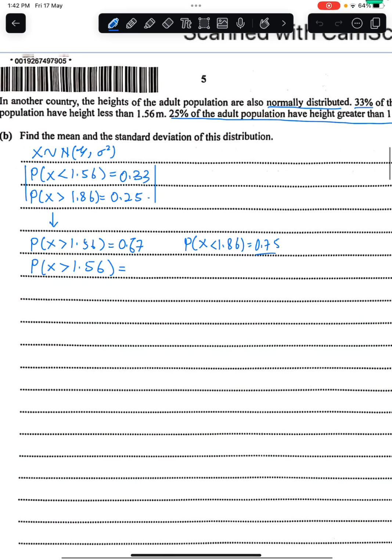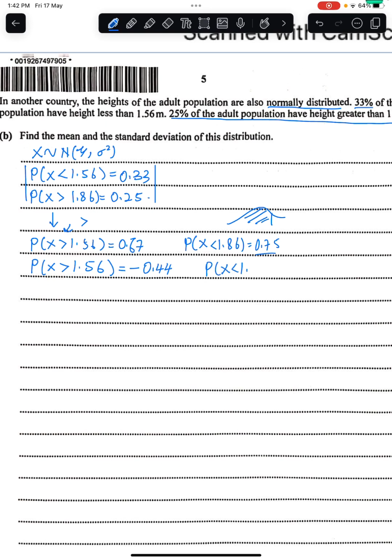Okay. Notice I write the negative here. It's because the sign here is more than, and we want the small area here instead of the big one. So we have to add the negative sign. And this one is less than, so we don't need to add the negative sign.